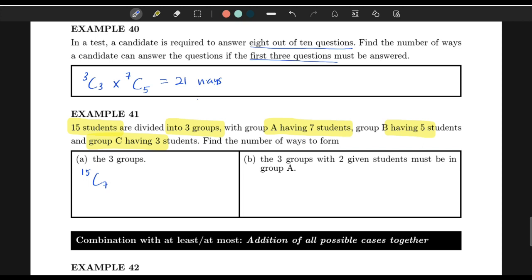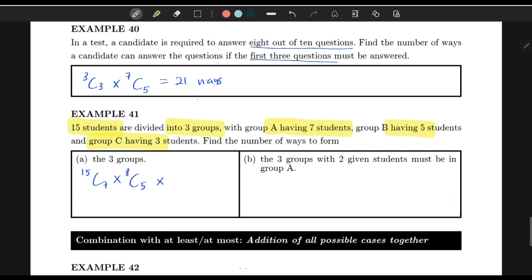to form group A. Okay, we already chose 7 students, so the balance of the students is 8. Then to choose group B, we have to choose 5 students.